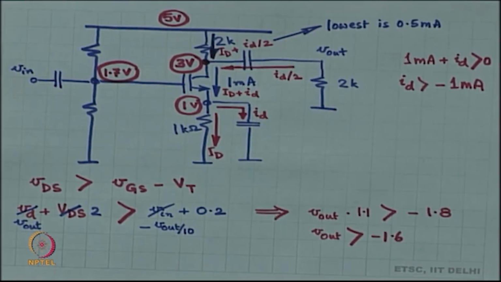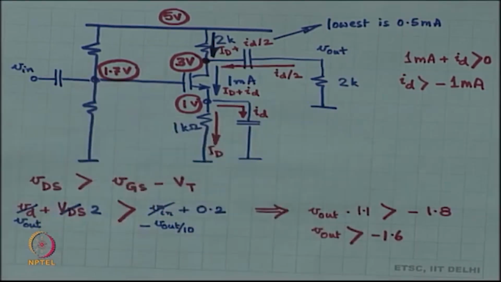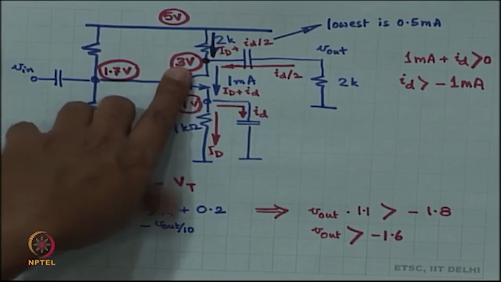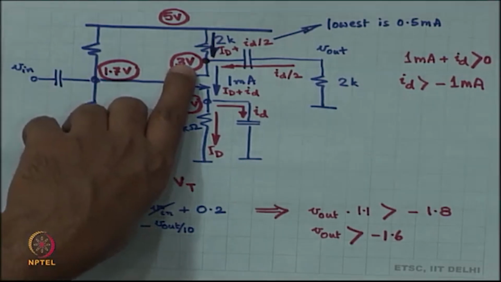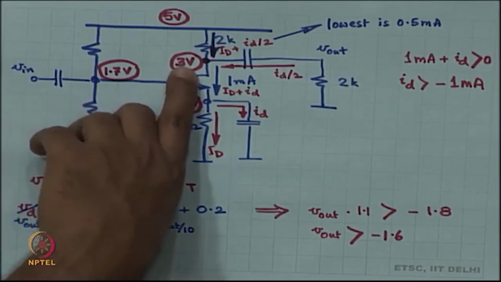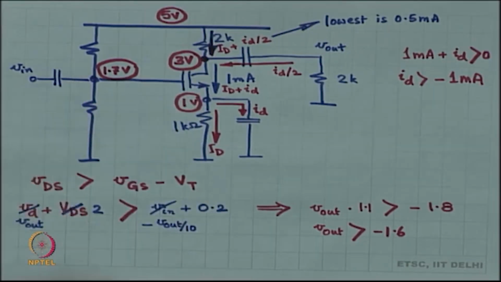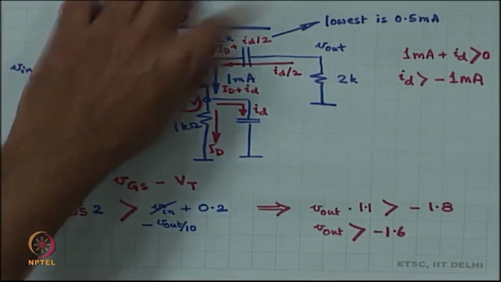It can't be lower than that, which means that the smallest possible drop across this resistor is 0.5 times 2k, which is 1 volt. That means that the largest voltage that the drain will ever go to is 4 volts. It can't go higher than that, because the smallest drop across this 2k resistor is 1 volt.